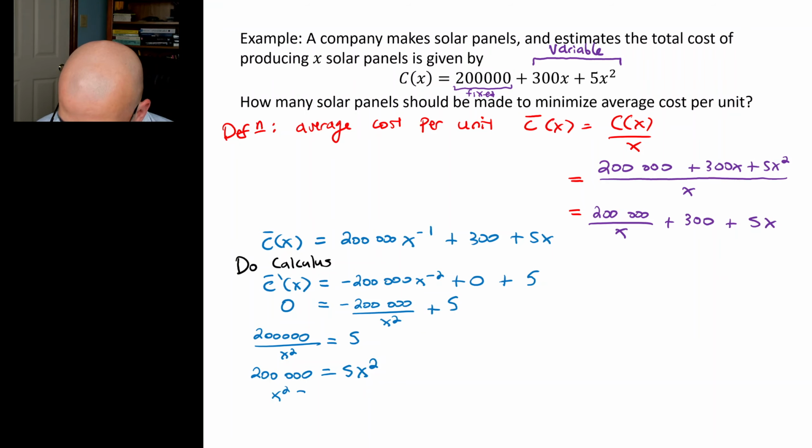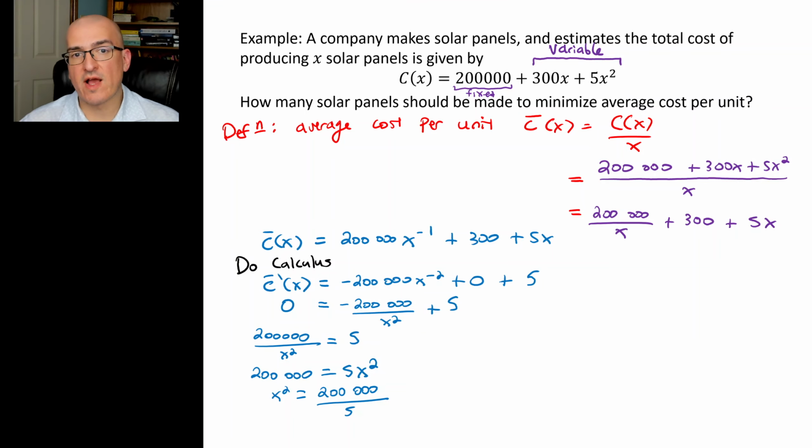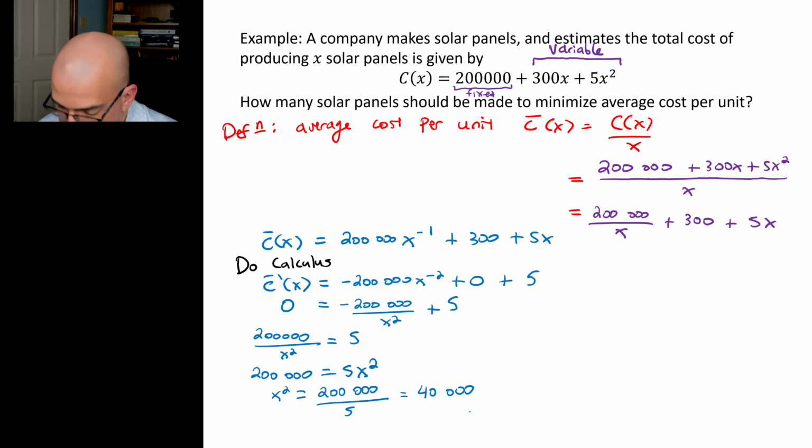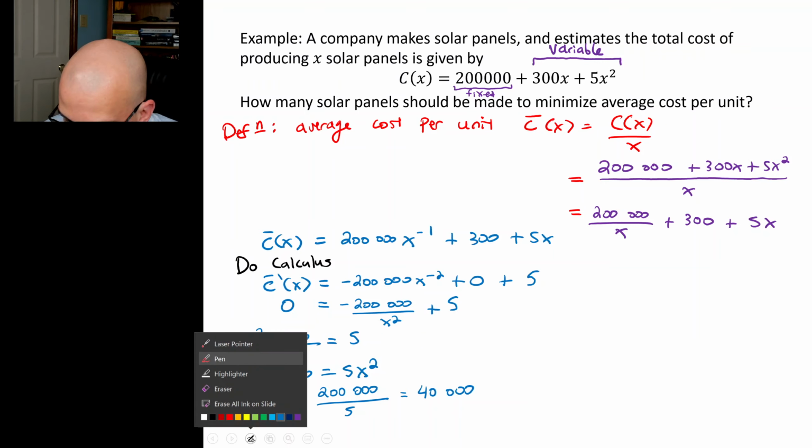So x squared is equal to 200,000 divided by 5. If it was 100,000 divided by 5, that'd be 20,000. So this is going to be 40,000. So x is going to be, keeping in mind that we can't take negatives, the positive root only.